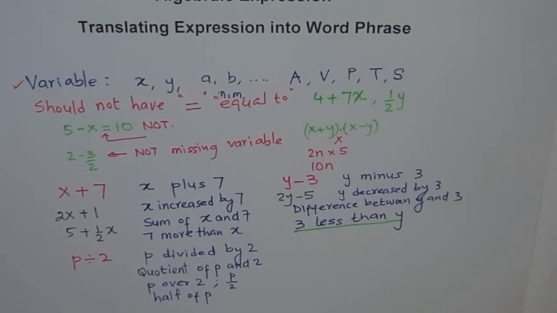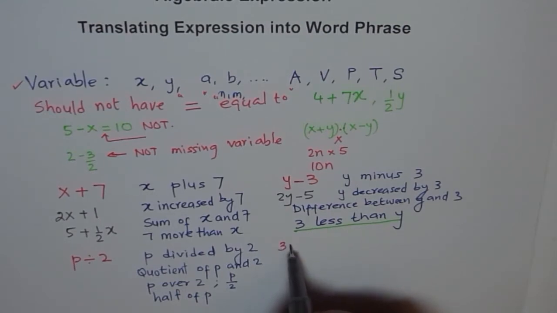Similarly for product. Now, product we discussed here also. But let me show you how. For product, I can write here 3 times n, or I can write here 3 dot n, it means times, or I can write 3n.